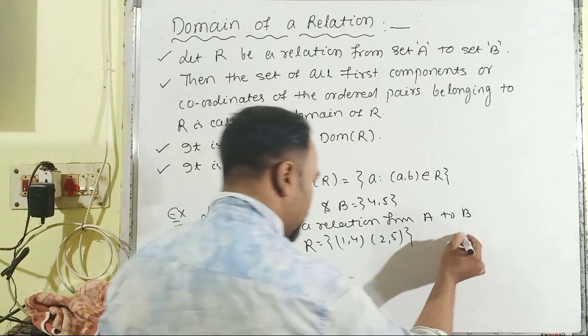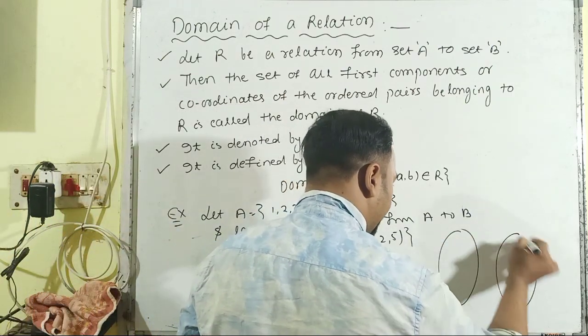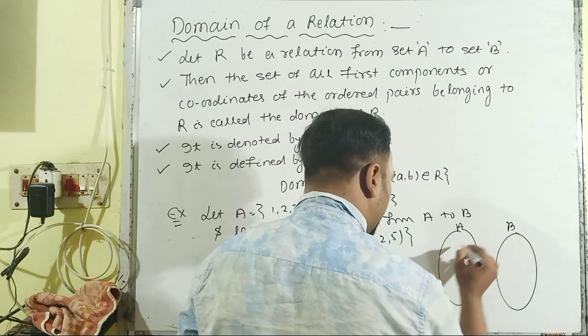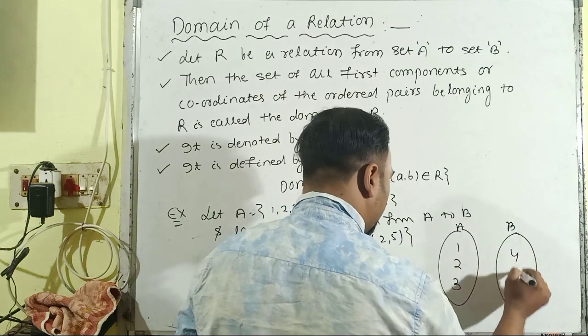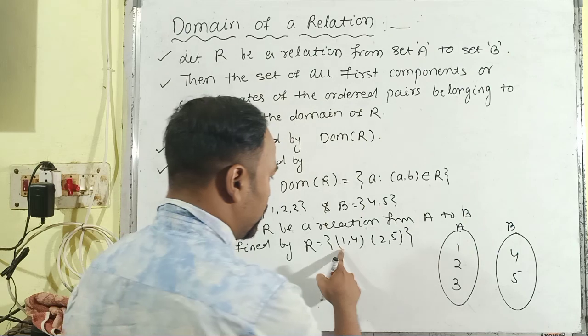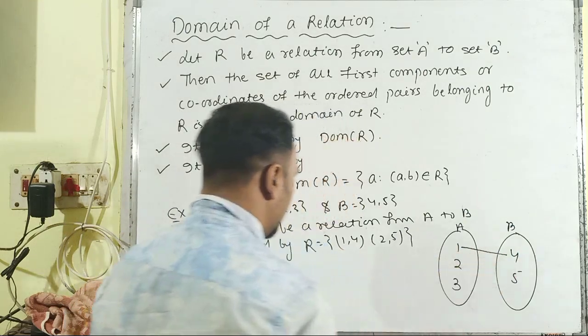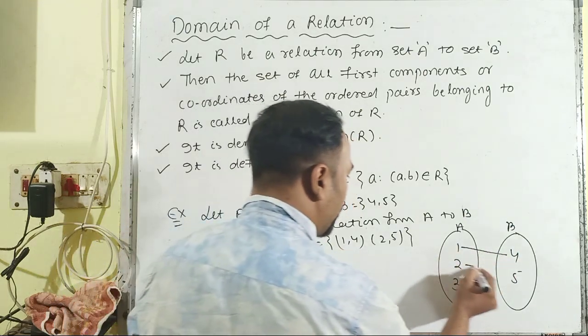Let us construct the arrow diagram. The arrow diagrammatic representation is like this. We just have to make a graph of (1, 4), then (2, 5).